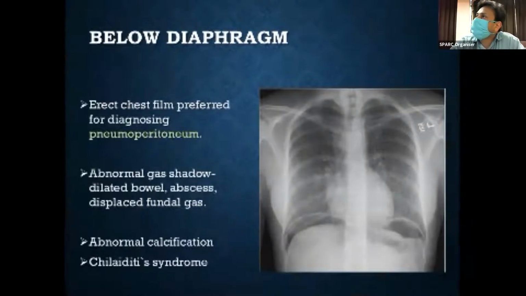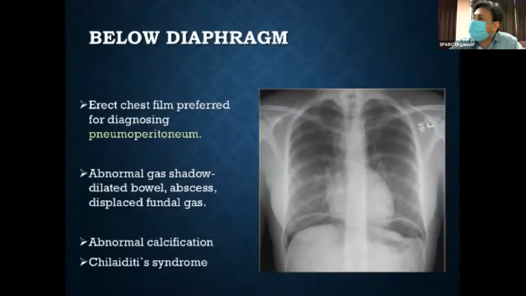In addition to the diaphragm, we also have to look below the diaphragm for any abnormal air shadow like pneumoperitoneum or any abscess, absence of the normal gastric bubble, and any abnormal calcification. So we also have to look below the diaphragms.